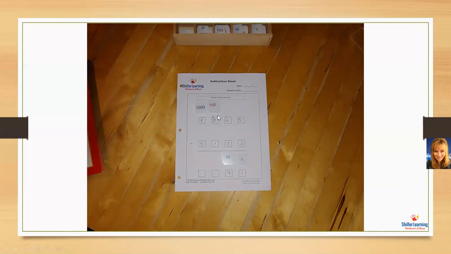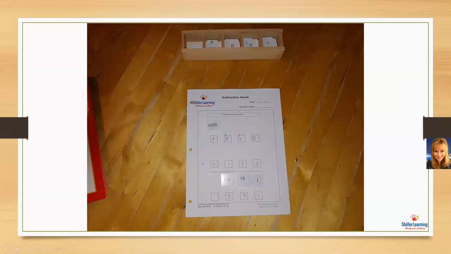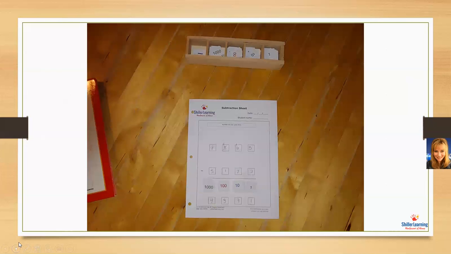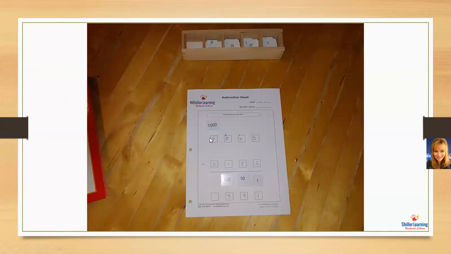Okay, so we have 4, but we're going to take away 1 of those, which means we're going to be left with 3 of the 100 tiles. Then moving to our thousands column, we've got 9 of those there.